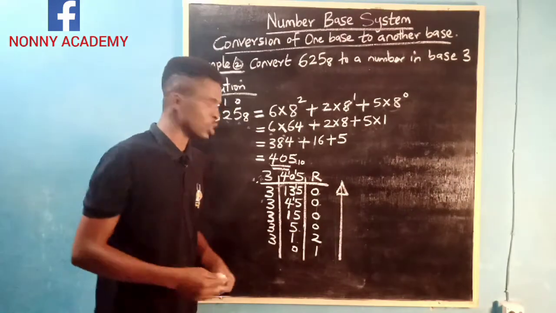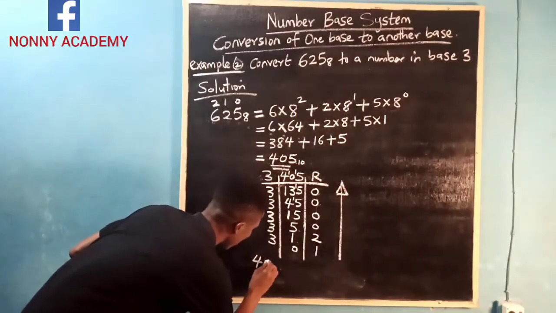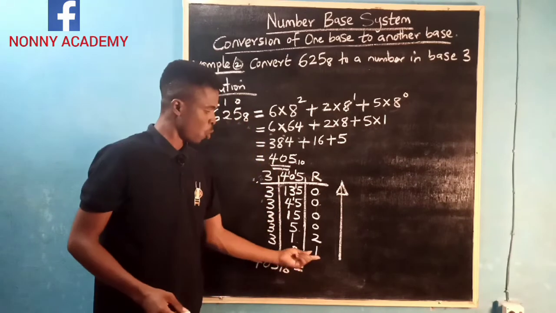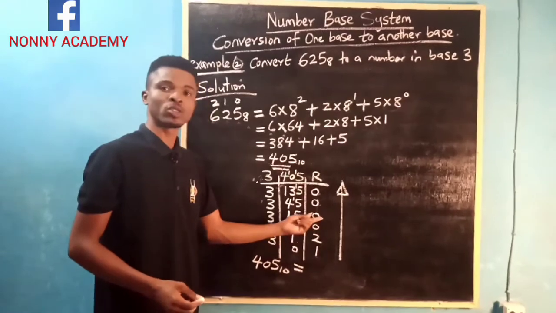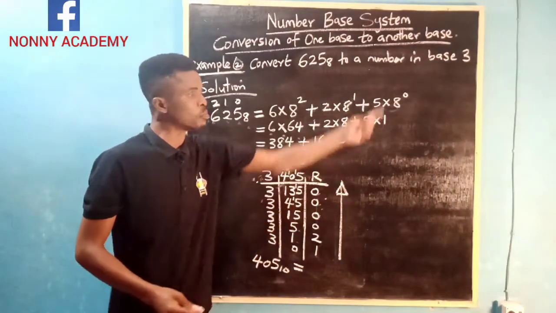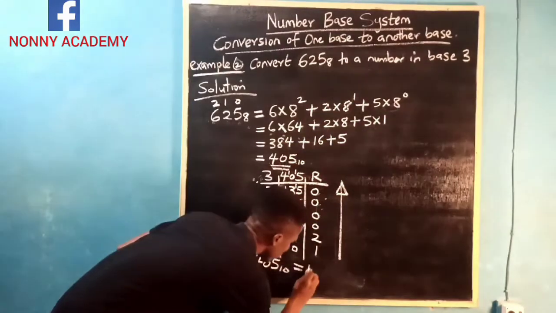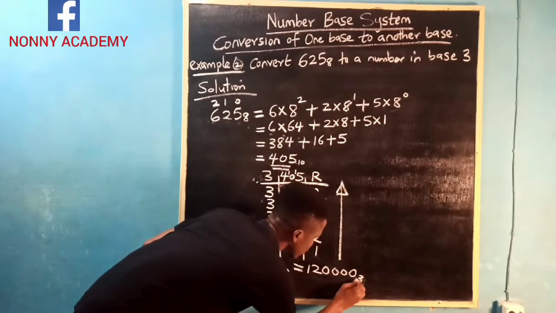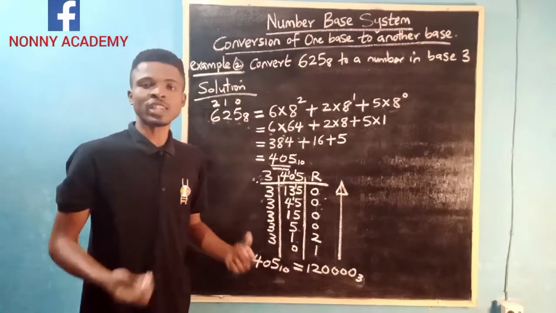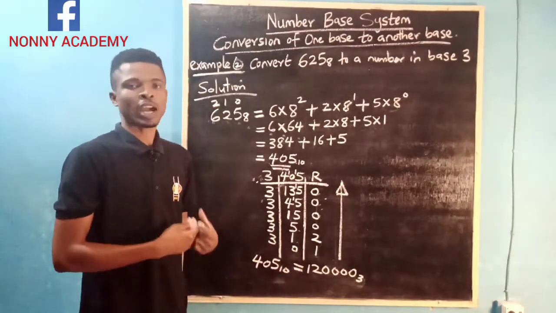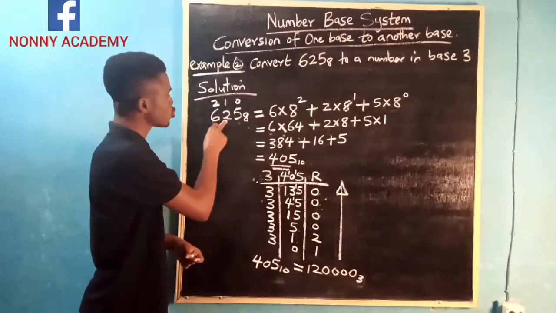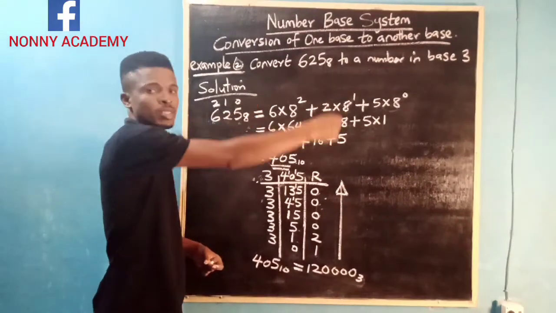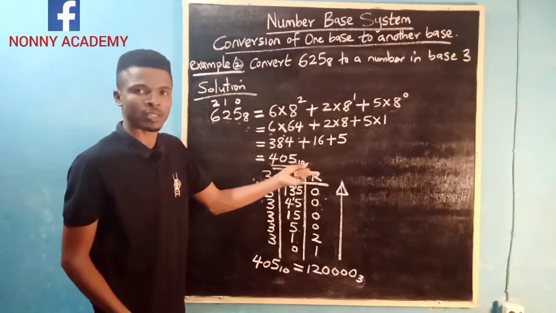Then my answer will be: 405 base 10 is equal to 120000 in base 3. Like I said in the first example, since we have 625 base 8, converting it to base 10, we have 405 base 10.